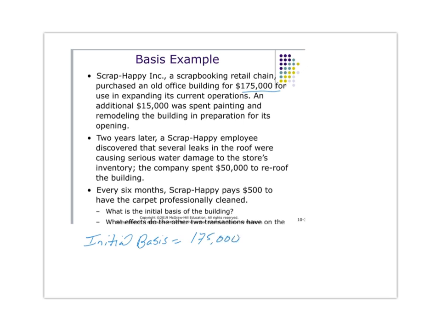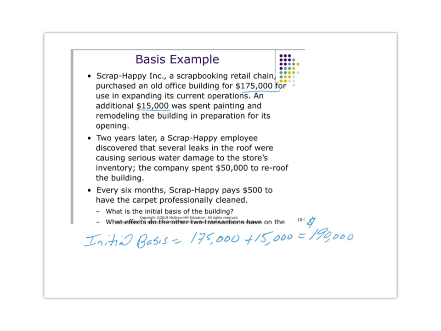We know an additional $15,000 was spent painting and remodeling in preparation for its opening. So what does that mean? Those are costs to get that building placed in service. So those $15,000 of redesign costs, if you will, are absolutely part of its initial basis. Okay? Everything else happened after it was placed in service. So its initial basis is equal to the sum of those two things. And so that's $190,000.